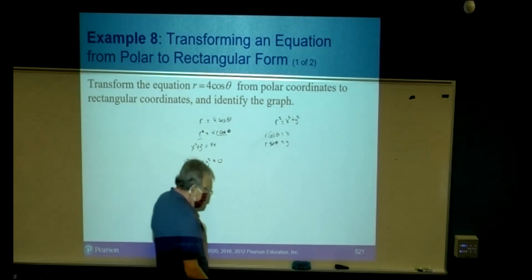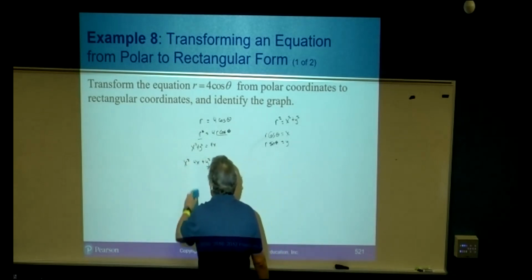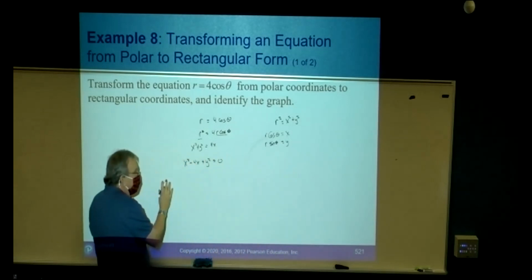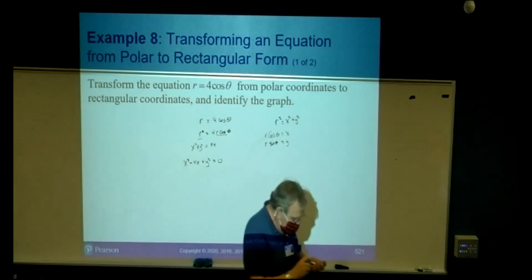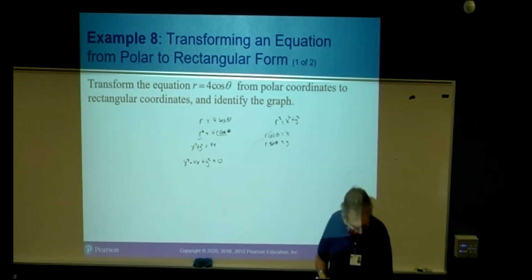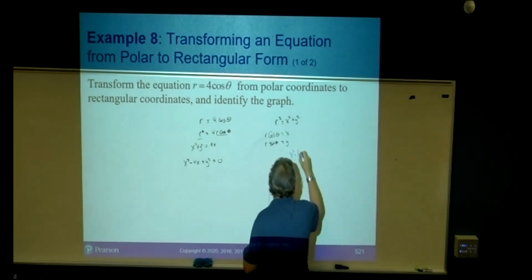Oh, it's not plus. Sorry about that. Because I'm subtracting 4x from both sides, that's going to be a minus 4x. Now what I need to do here, because I want to write this in the form of the equation of a circle. The equation of a circle is x minus h squared.